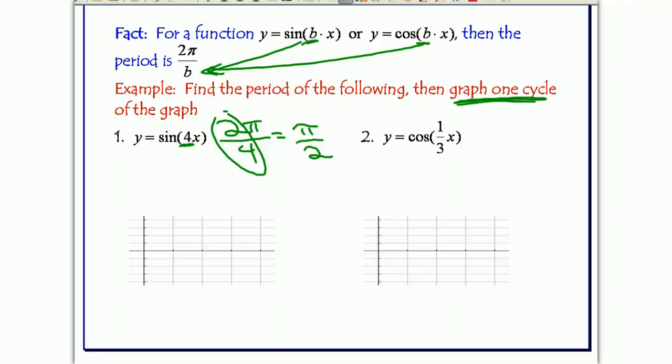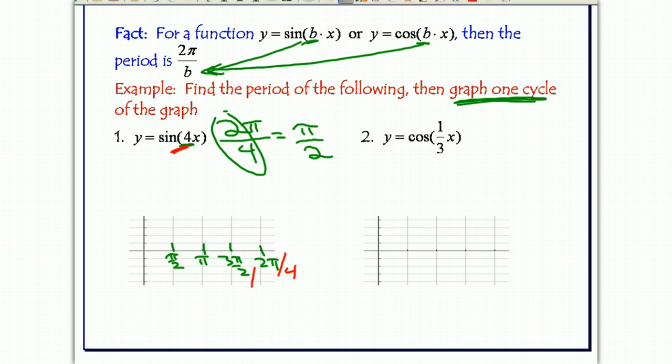Okay, so now I want to sketch this out. Well, we knew before we would sketch down here pi halves, pi, 3 pi halves, and 2 pi. But we know now with this 4, our graph is occurring 4 times more frequently. So the 2 pi was divided by 4.